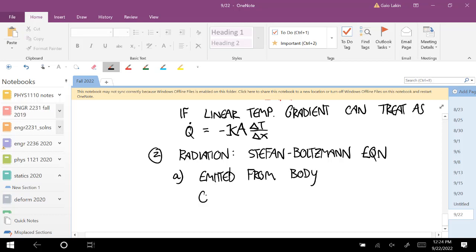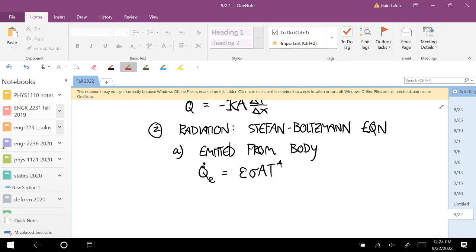And that is that Q dot E, for emitted, is equal to epsilon times sigma times A T to the fourth. This epsilon is the emissivity. Sigma is the Stefan-Boltzmann constant.